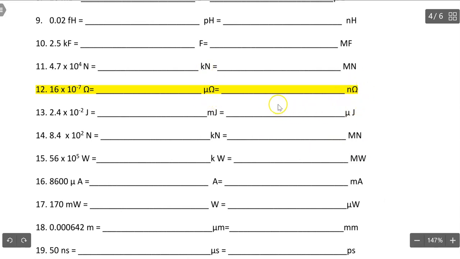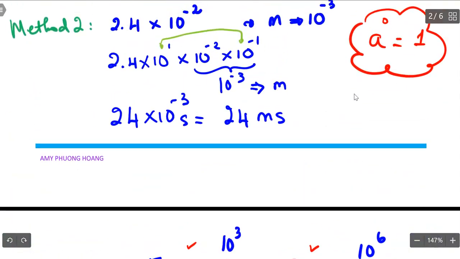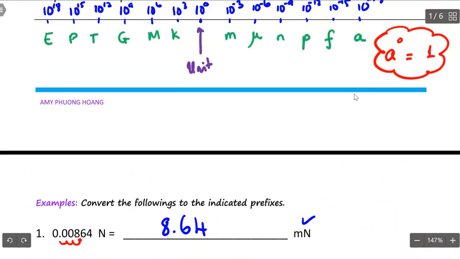Now I'm not going to go to my number line and start moving stuff. If I work with method number 2, I know that micro is 10 to the negative 6 and nano is 10 to the negative 9. Let me confirm that with everyone. You may have to try to memorize this.